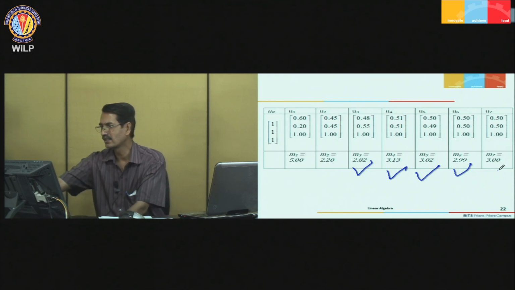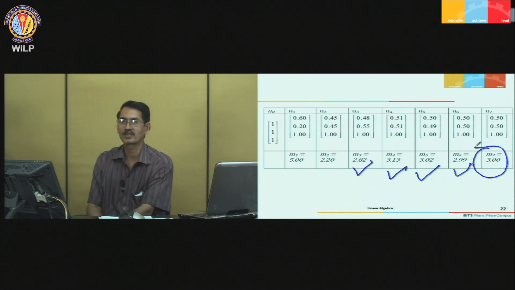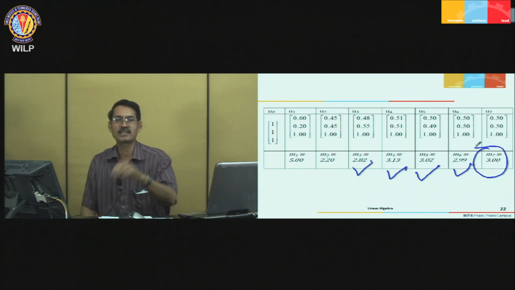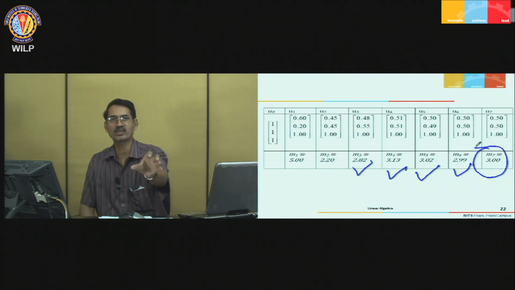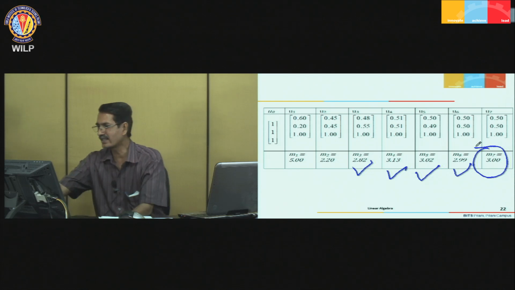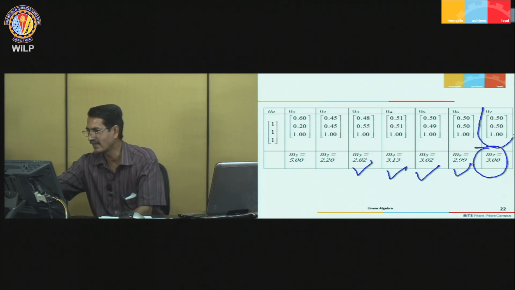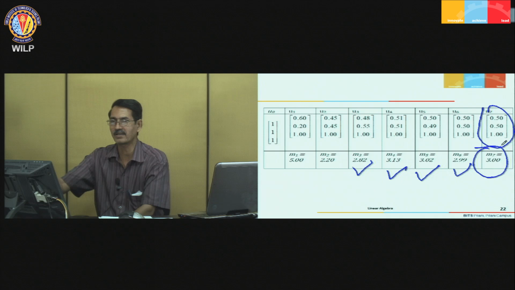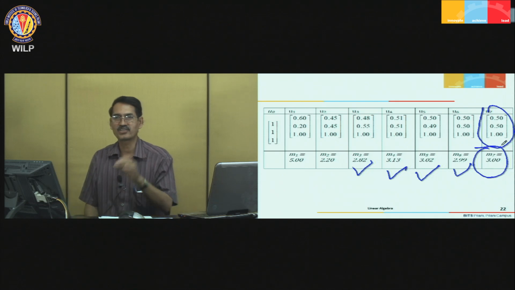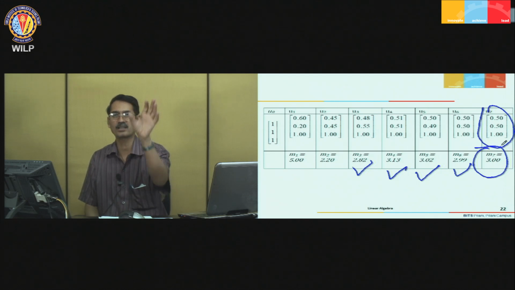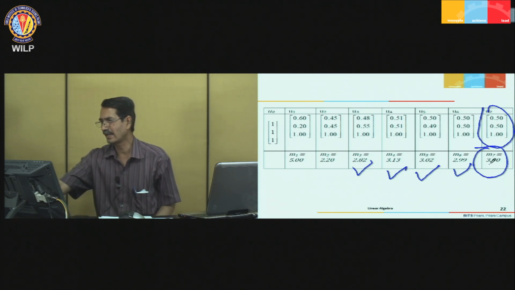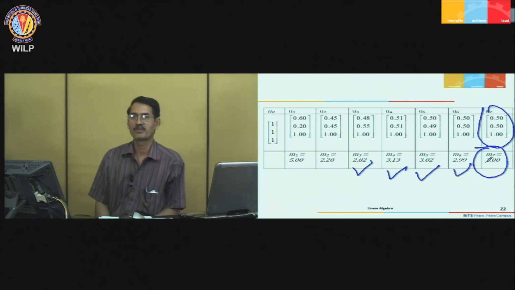This M7, equal to 3, is the dominant eigenvalue of the given matrix A, and this u7, that is 0.5, 0.5 and 1.00, is the corresponding dominant eigenvector for M7 equal to 3.00.